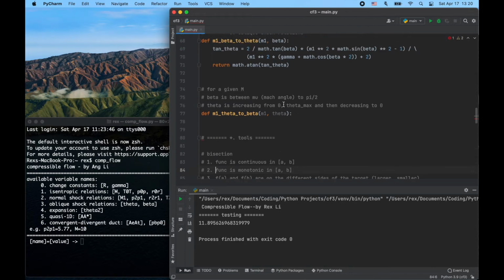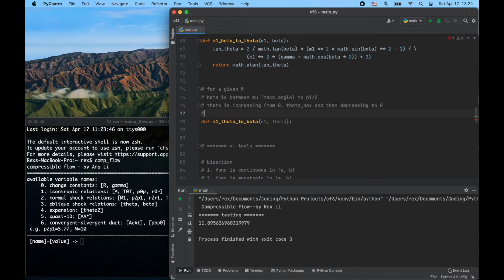However, if we divide the region into two, one from 0 to theta max, the other from theta max to 0, and we find the corresponding beta value, so beta is from mu to the beta value corresponding to theta max.